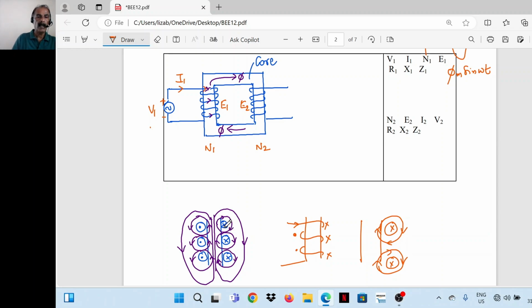That is what I have marked here. So these conductors will produce a flux in the direction shown, and this is the net.